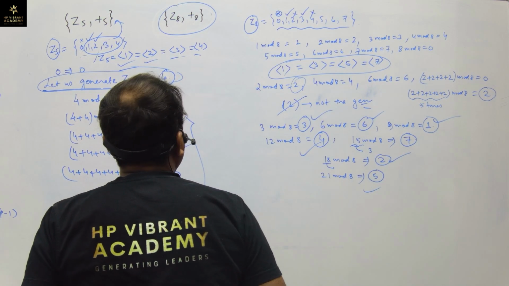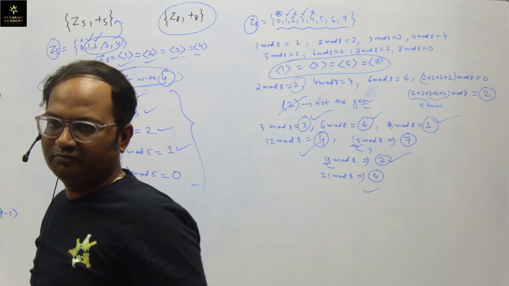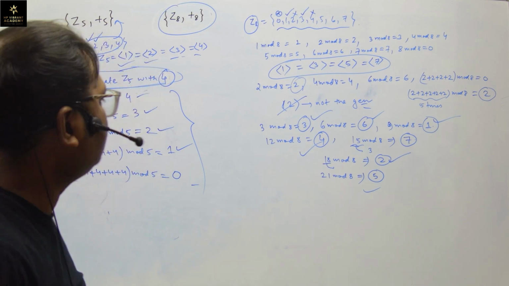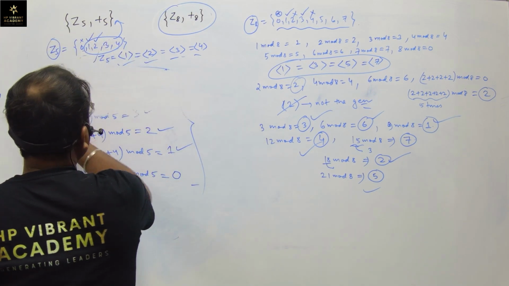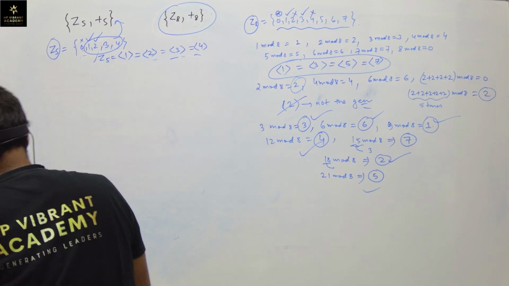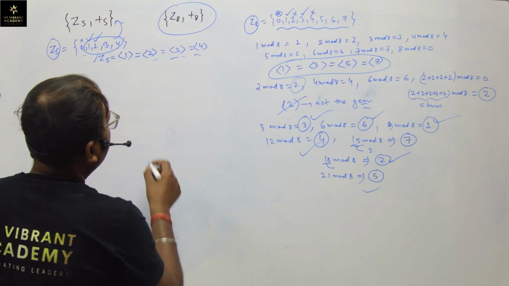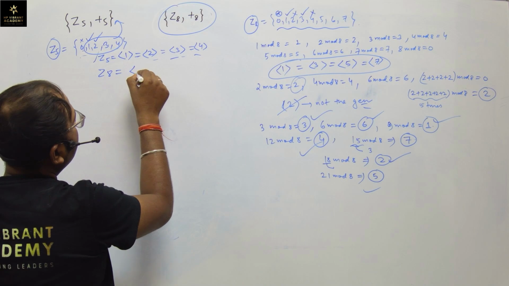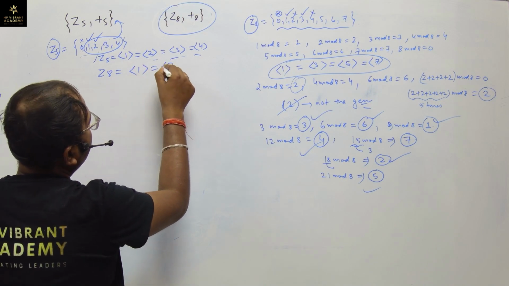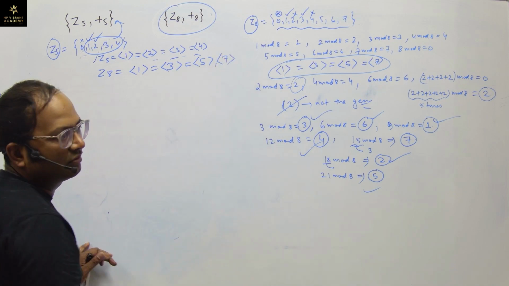So what is the concept here, let us write down the concept. The generators of Z8 are 1, 3, 5 and 7.